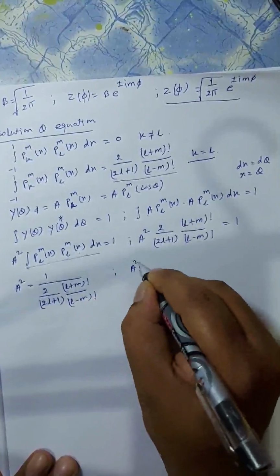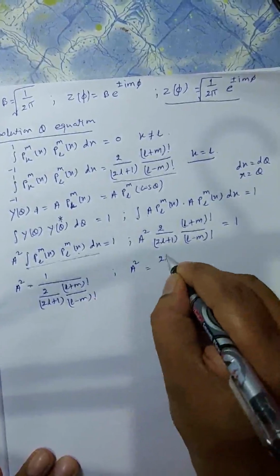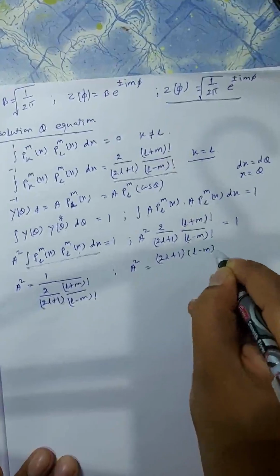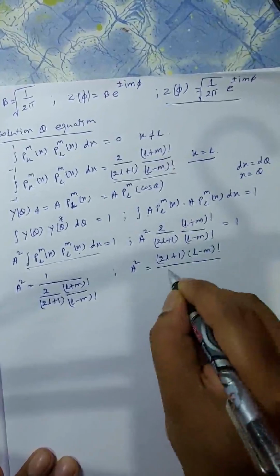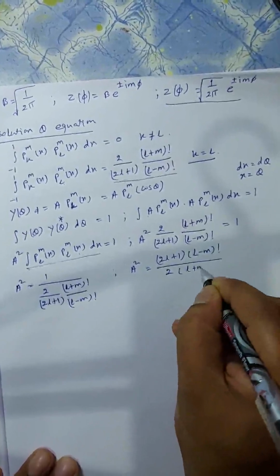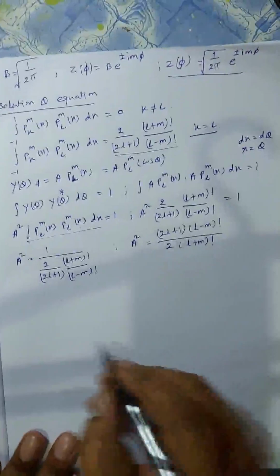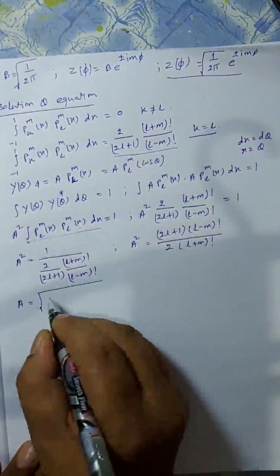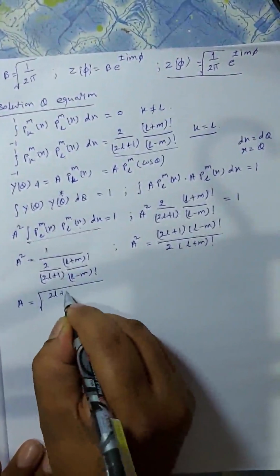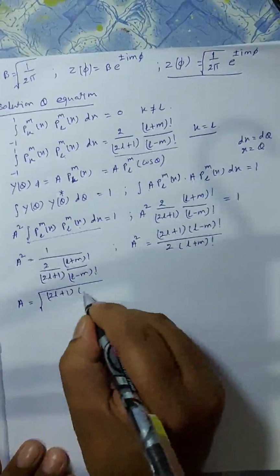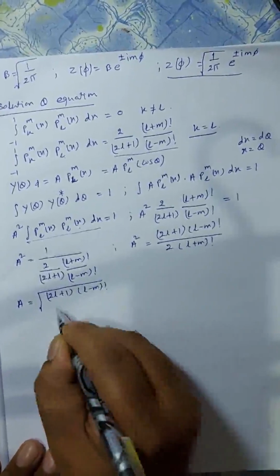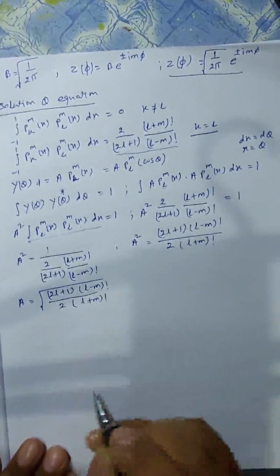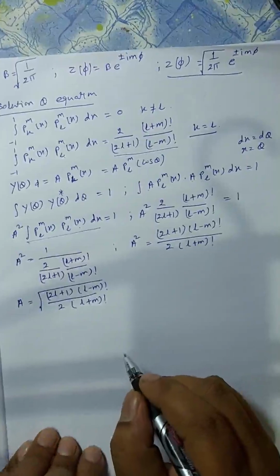Then A squared is equal to (2l plus 1) (l minus m) factorial divided by 2 (l plus m) factorial. Then what is A? Now A is equal to the square root of (2l plus 1) (l minus m) factorial by 2 (l plus m) factorial.